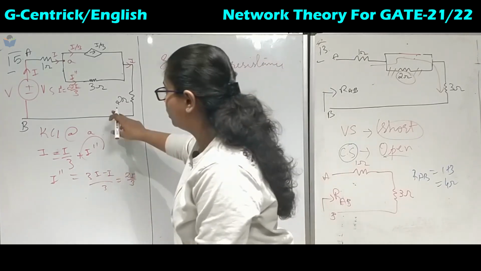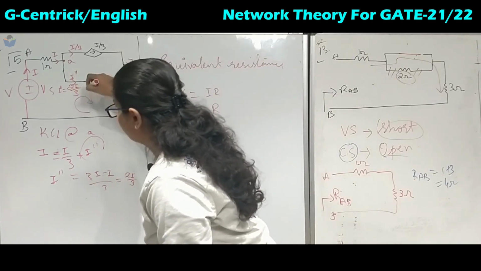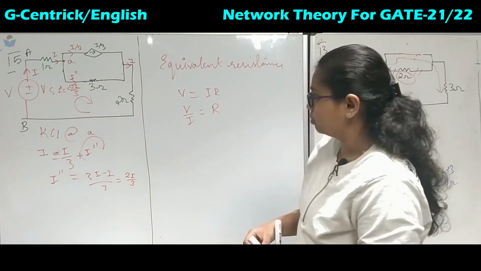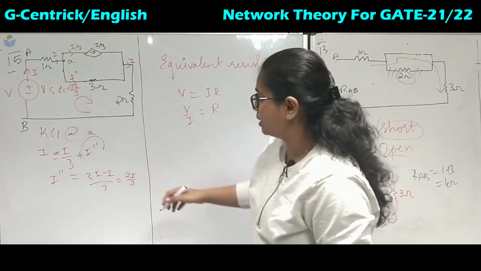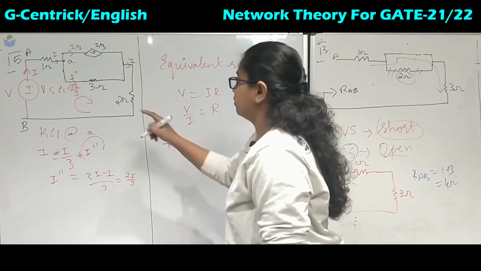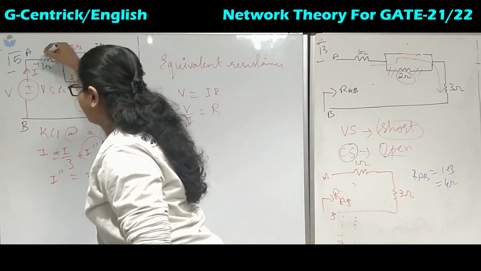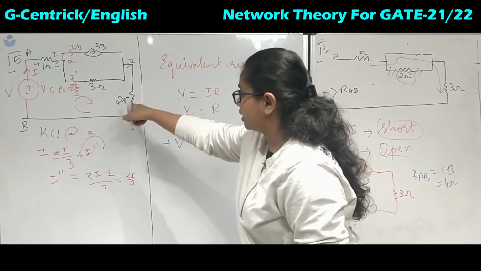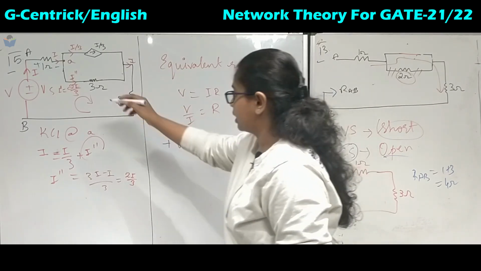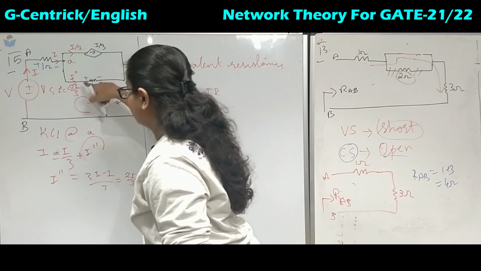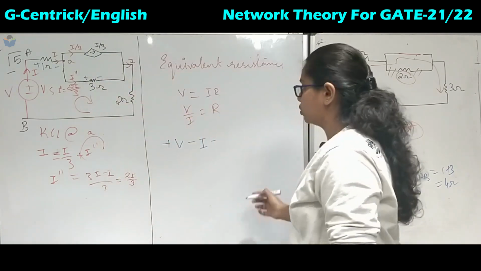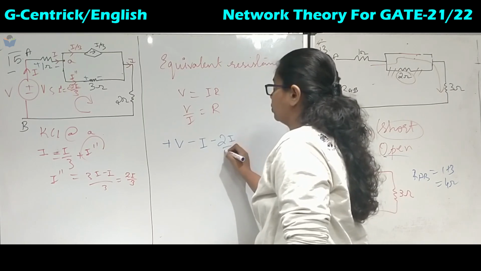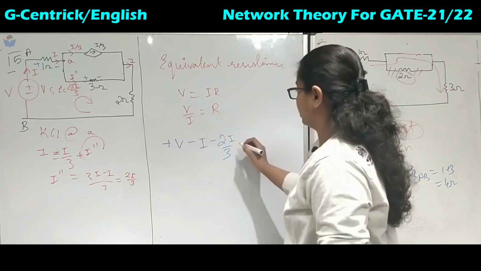So we will form a loop, we will find a loop. Okay, so we will move in this direction. Now moving in that direction, what we will get, plus V, then we have got here plus and this is minus, so it is again minus I, then coming here, the current is entering in this direction, it means plus and minus. Okay, so minus 2I upon 3 into 3.